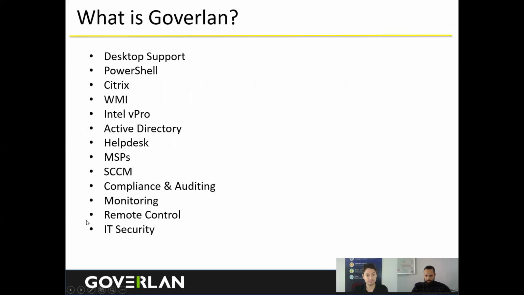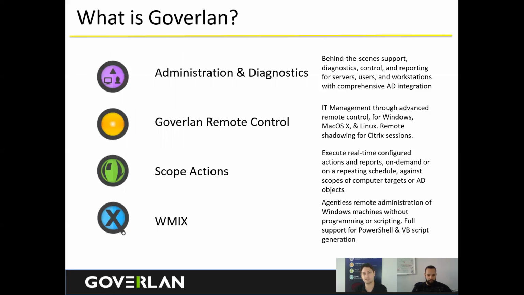So without remote control. And again, just going back to the framework messaging, you can see we support a whole bunch of different technologies. We're a Citrix-ready product. We have a proprietary way of shadowing Citrix user sessions. We integrate with Active Directory. We play nicely with SCCM. We almost call ourselves that missing puzzle piece. And we're also a modular product.